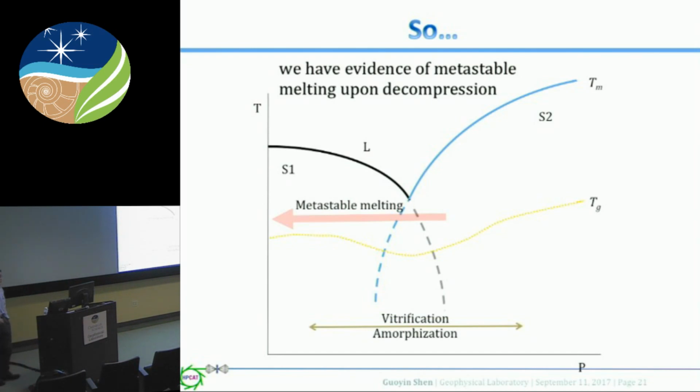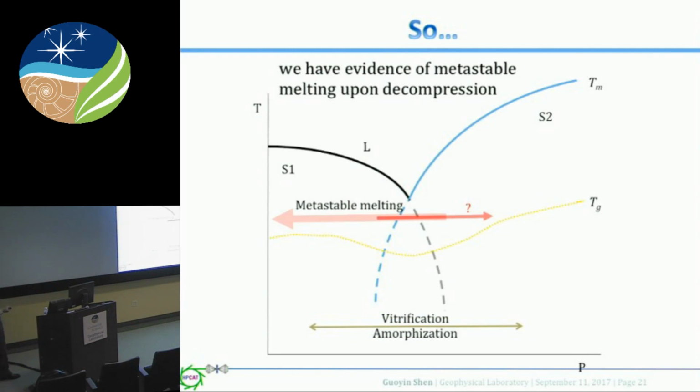So back to this diagram. We have evidence of metastable melting upon decompression. We have the example from bismuth. We have the example from H₂O. And of course, there are a number of examples from the literature about amorphization and vitrification. Then the question remains: during compression, we have applied compression trying to see the metastable liquid, and no matter how fast we do it, we haven't found it so far.